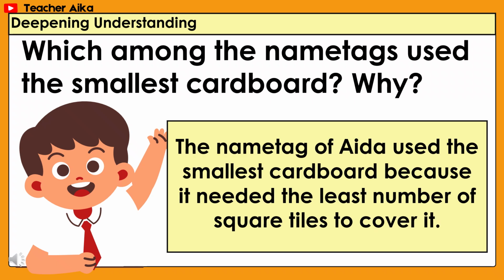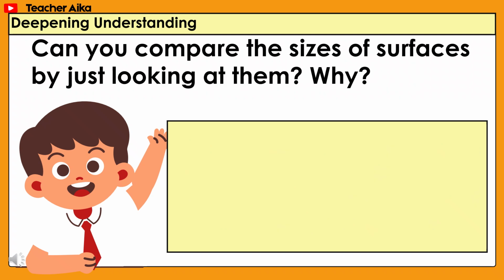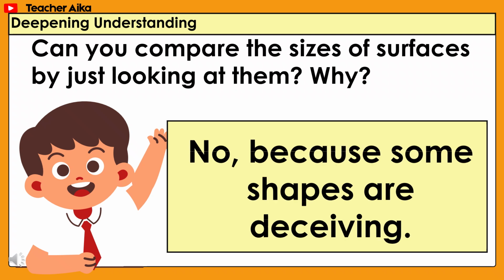Answer: the name tag of Aida used the smallest cardboard because it needed the least number of square tiles to cover it. Can you compare the sizes of surfaces by just looking at them? Why? Answer: no, because some shapes are deceiving.